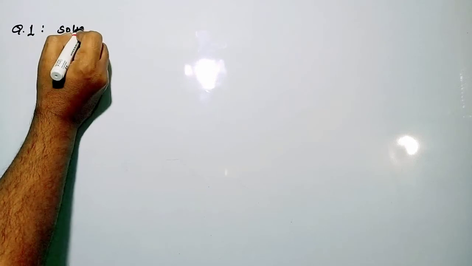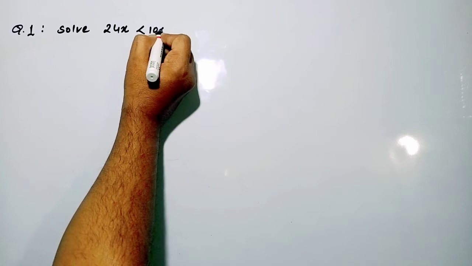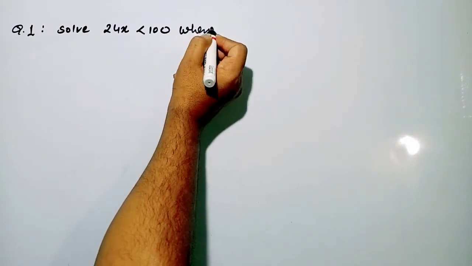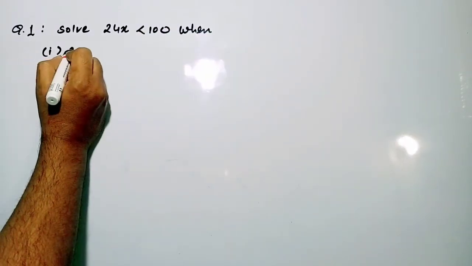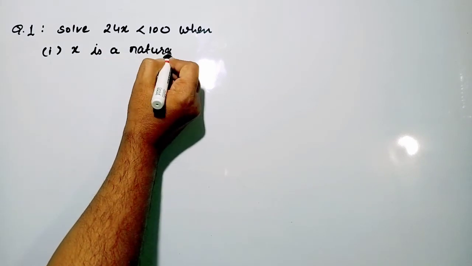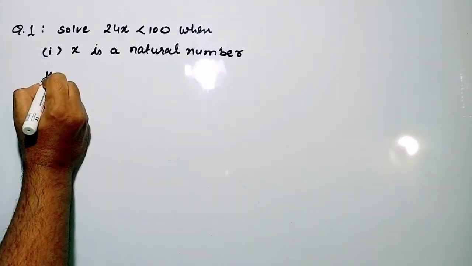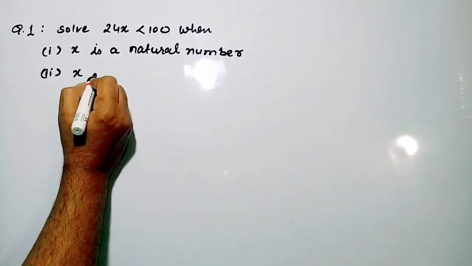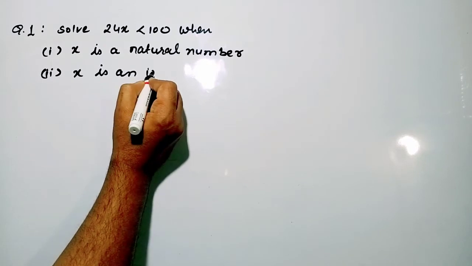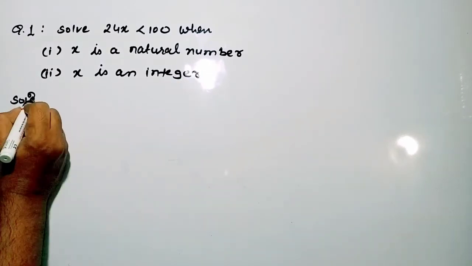Right, students? Now let us solve a few linear inequalities. Considering the first question, solve 24x less than 100, right? Its solution should be in the form of, first, x is a natural number, and second, x is an integer.